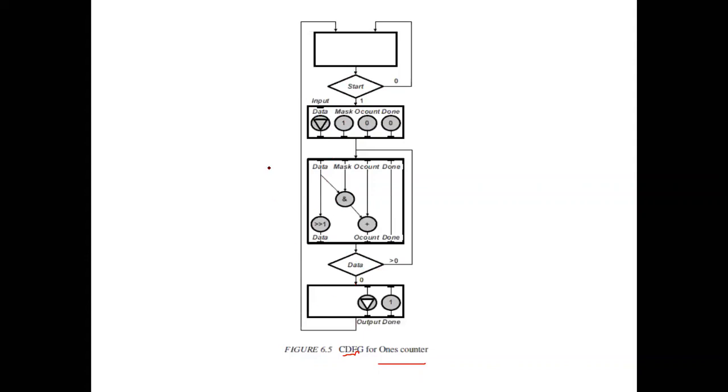So these are actually if statements: if the start is equal to 0 or if the start is equal to 1. So four basic blocks and two condition checks are happening here. What happens here is that this first block is actually empty. There is nothing written inside this first basic block.